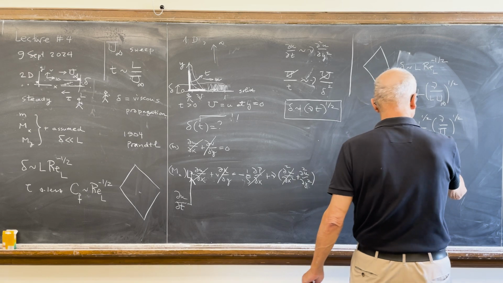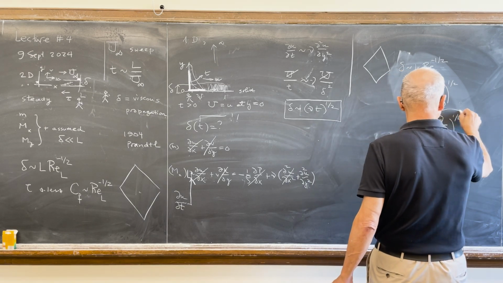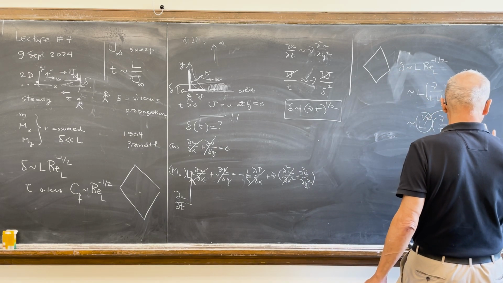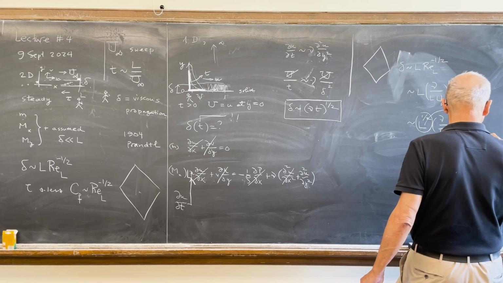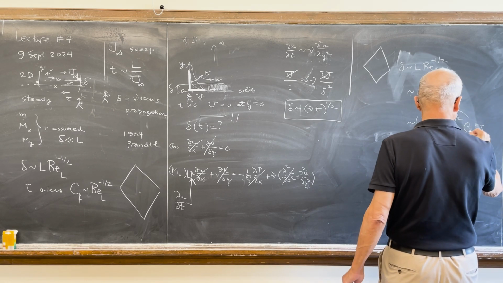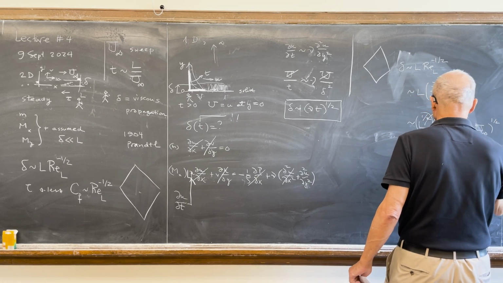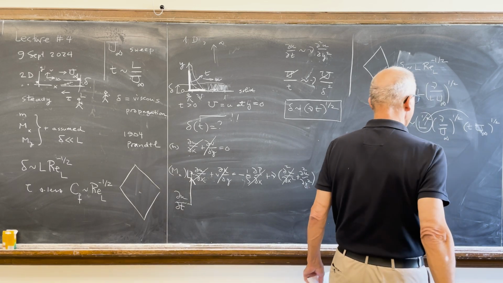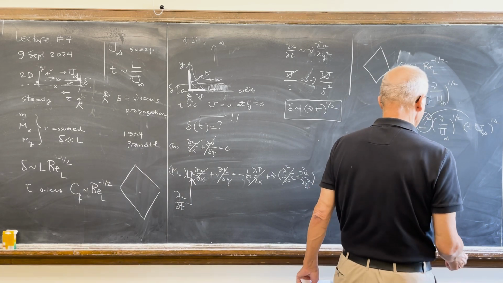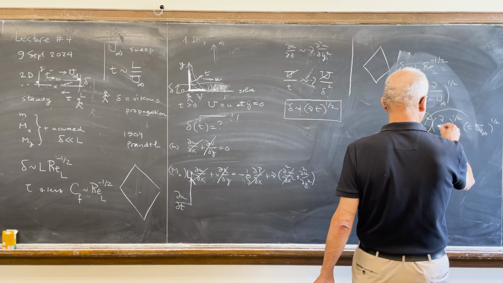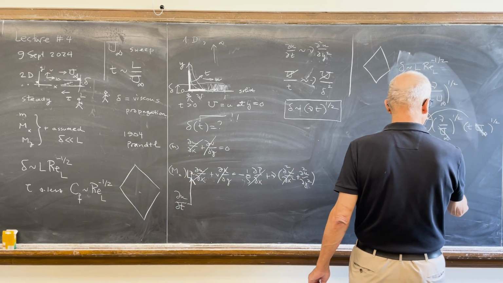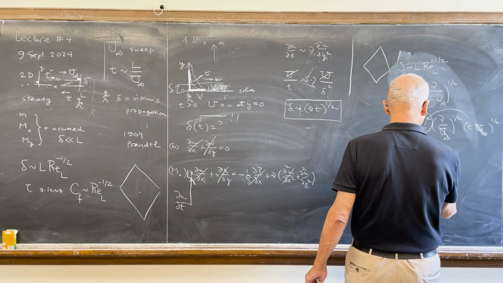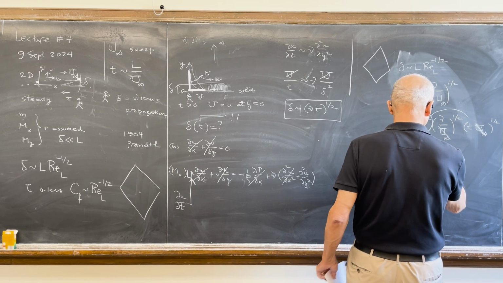And L to 1/2 is t times u infinity, so that becomes t to 1/2. And you get delta is, obviously you cancel those two, and you get nu times t to 1/2.